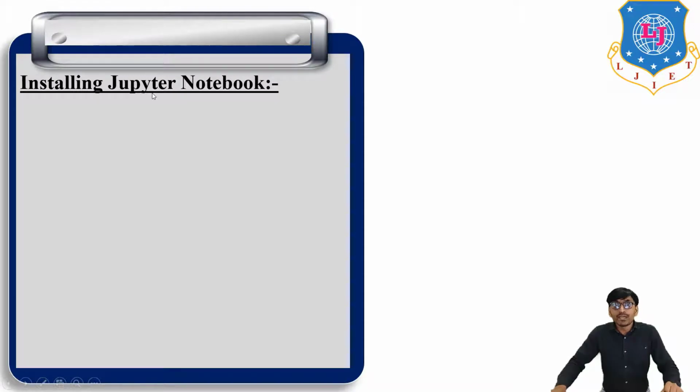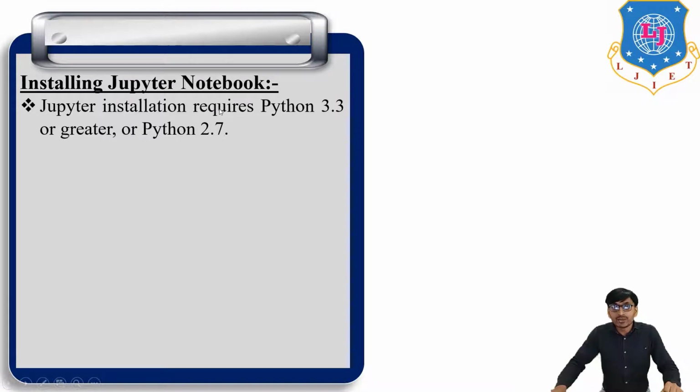Now, how to install Jupyter Notebook? Jupyter installation requires Python 3.3 or greater or Python 2.7. So this 2.7, 3.3, that is the version of Python, and it changes from time to time.